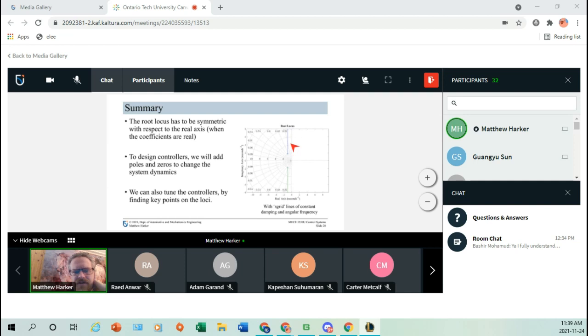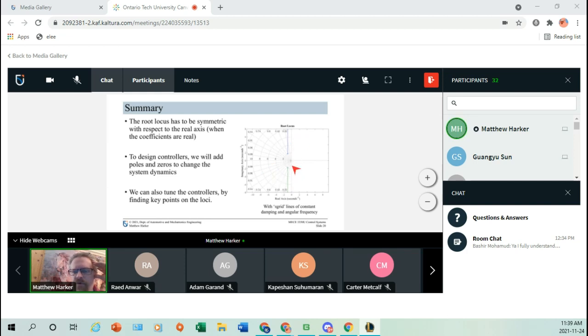They'd go on forever and essentially be unstable. What we can do with this grid, in MATLAB, is called sgrid. So if you do your rlocus function call, and after that you type in sgrid, it will put the damping ratio and natural frequency grid on there.